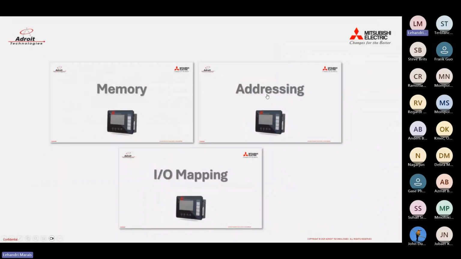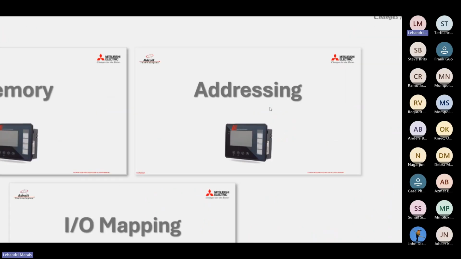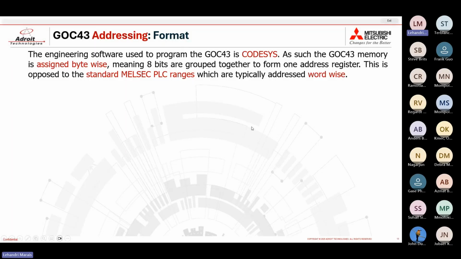So next we will be moving to addressing. As mentioned previously, the GOC43 is programmed using the code assist software. As such, the memory of the GOC is assigned bytewise. And all this means is that the size of a register is 8 bits.